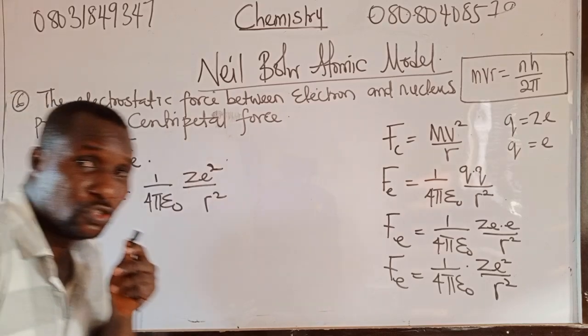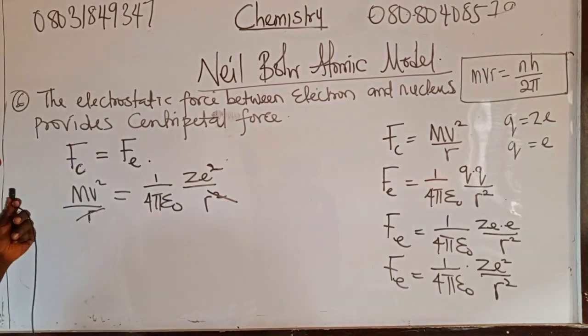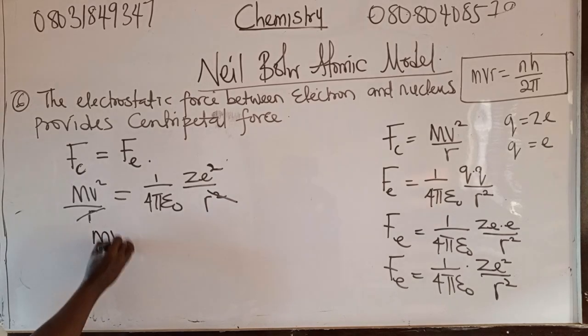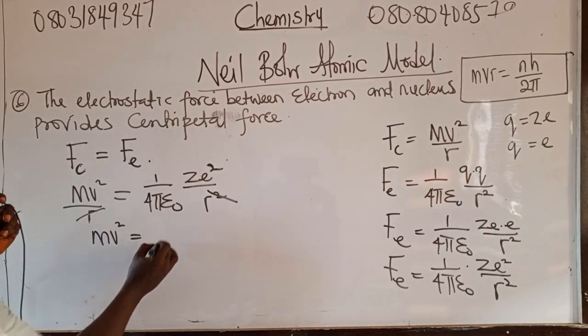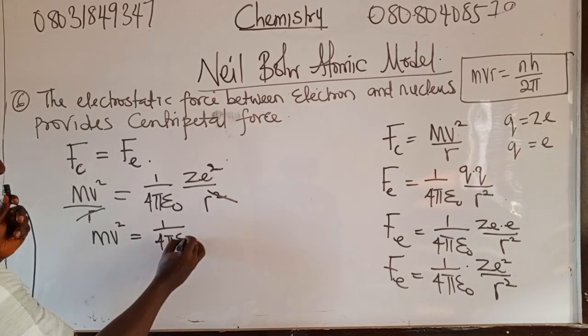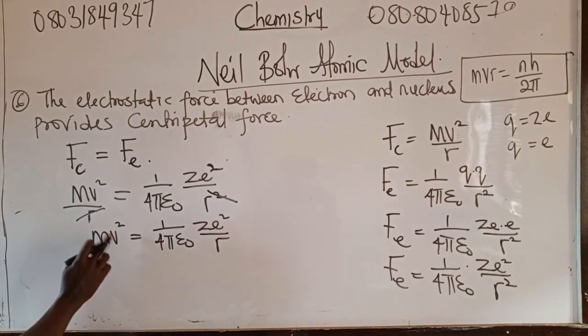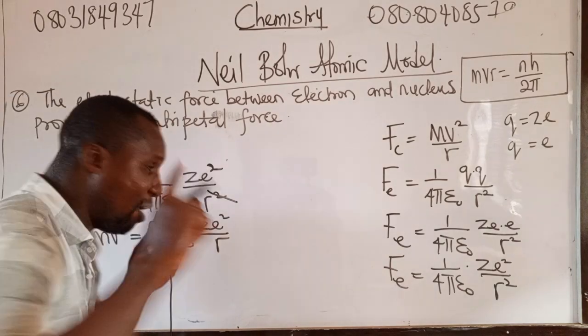Then from here, let us do some mathematics. Cancel one r from here. I have mv squared equal to 1 over 4 pi epsilon naught Ze squared over r. Make v squared the subject of formula.